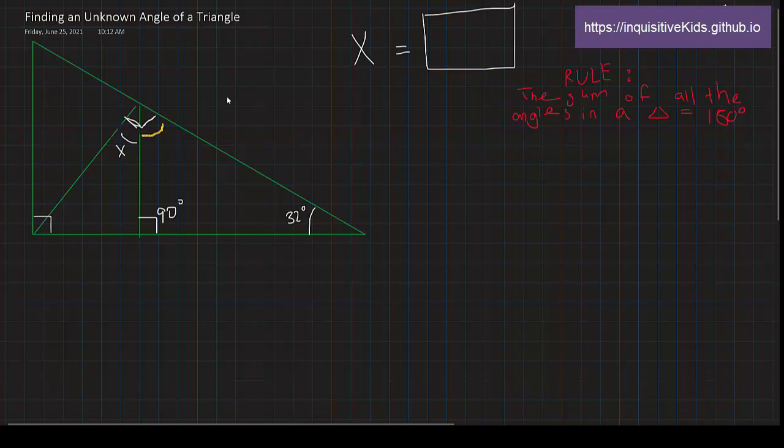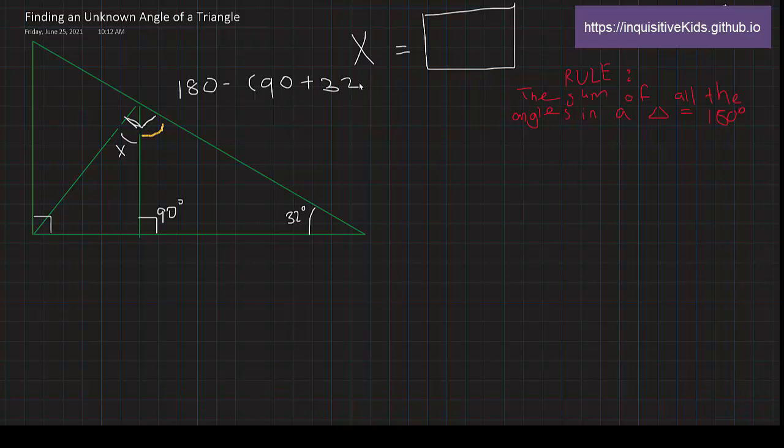Well, this portion that I marked gold right here would just be 180 degrees minus these two other angles, which are 90 and 32.